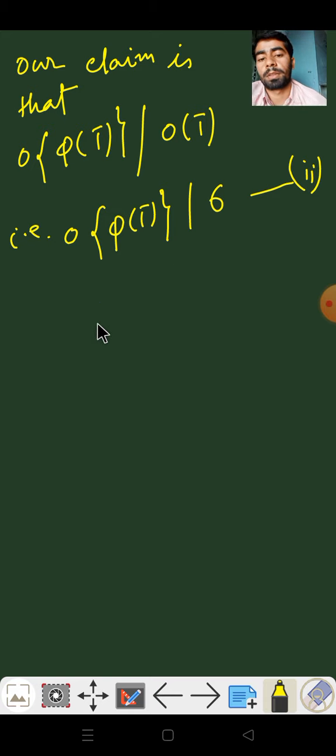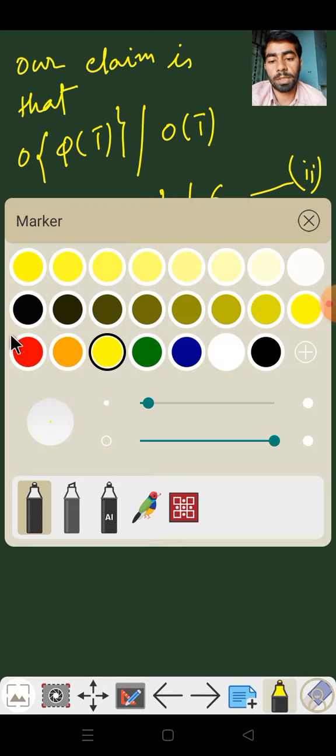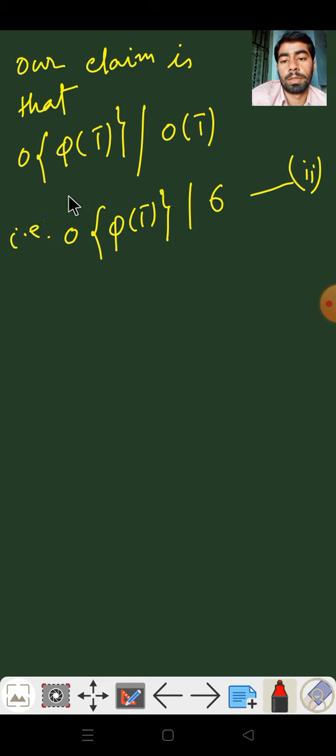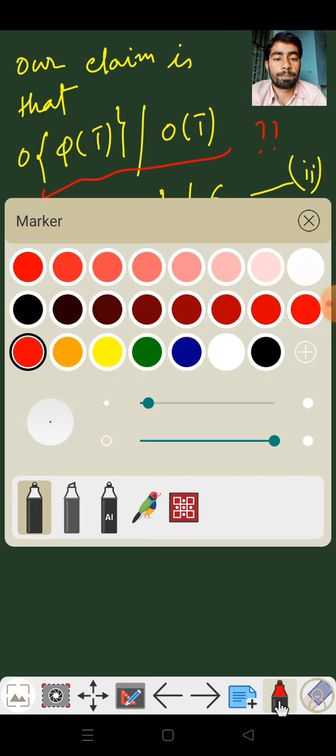This is true. Now our question is how this is happening. This happens because of a theorem.